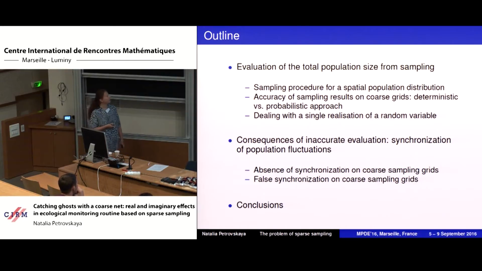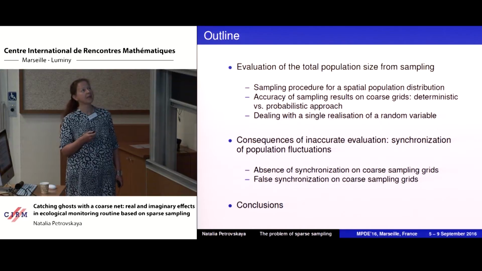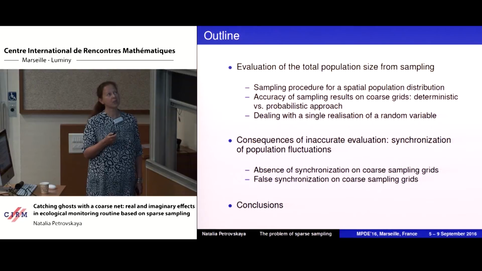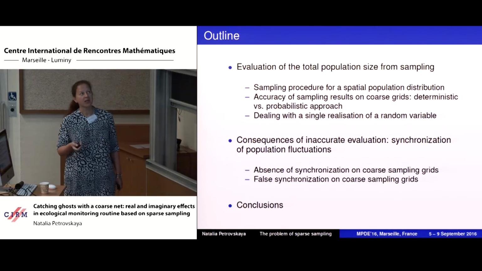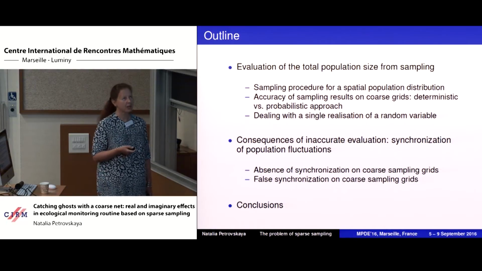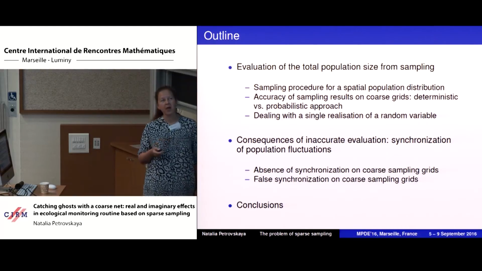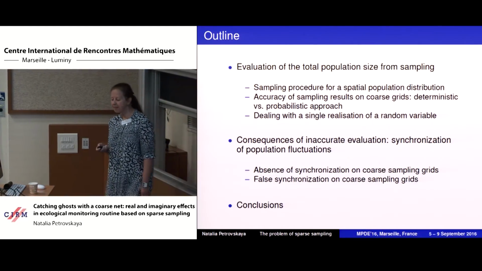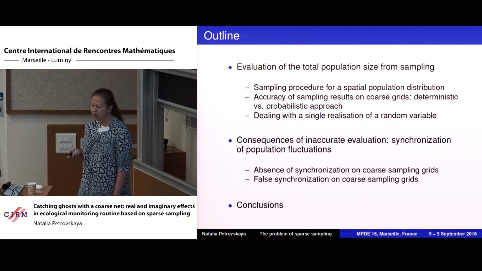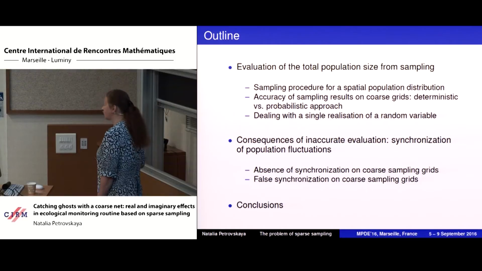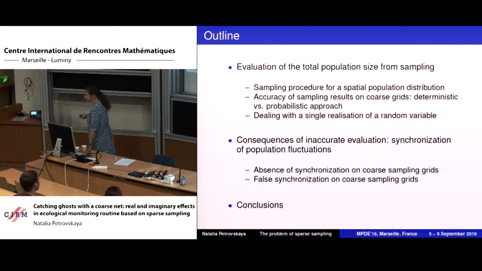So we first talk about the sampling procedure for spatial population distributions. We will discuss accuracy of this sampling procedure, especially accuracy of what we call coarse grids. And we will see that actually we have to revise standard methods of evaluation. We have to deal with a probabilistic problem rather than deterministic.